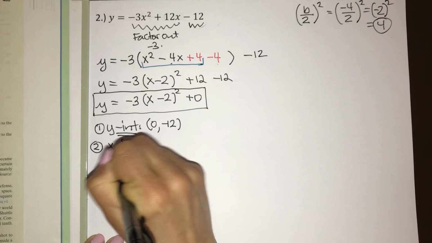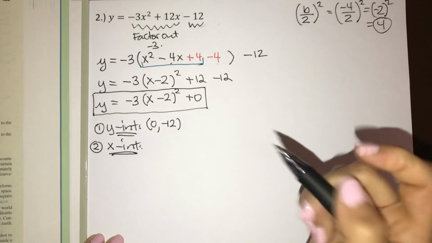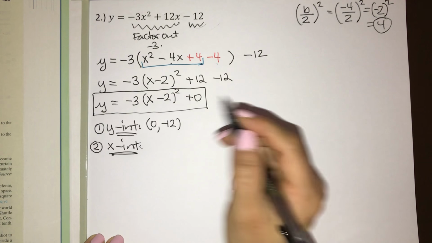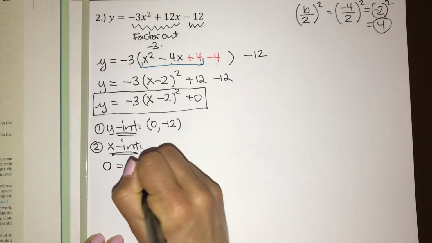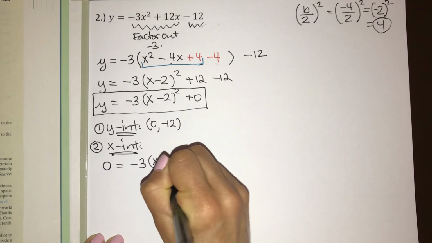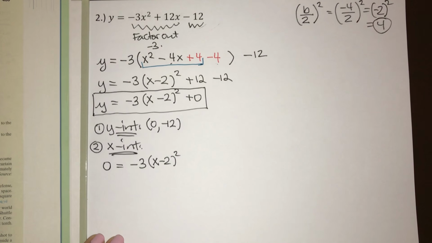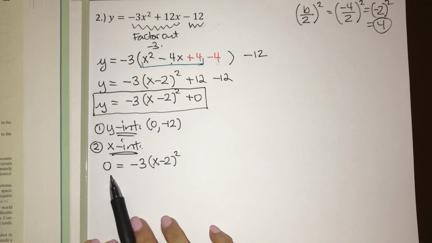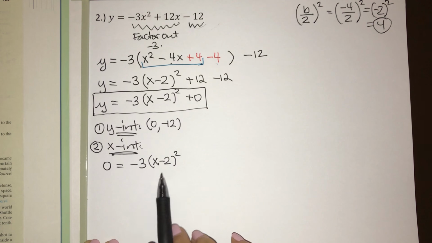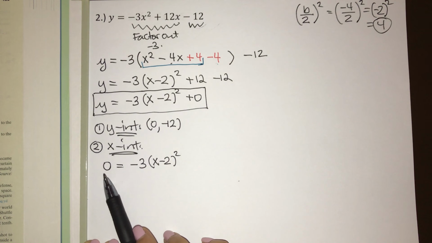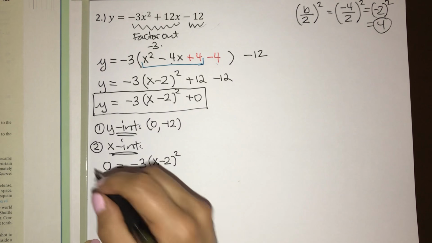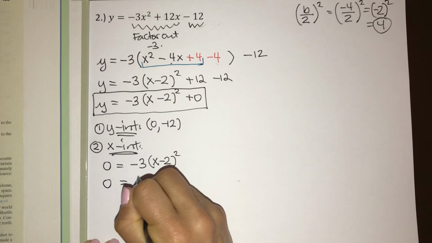For the x-intercepts, plug in 0 for y. I'm going to divide by negative 3 on both sides. If you divide by negative 3, 0 over negative 3 is 0. So I'm really just left with this.